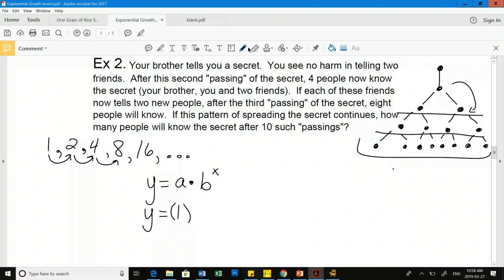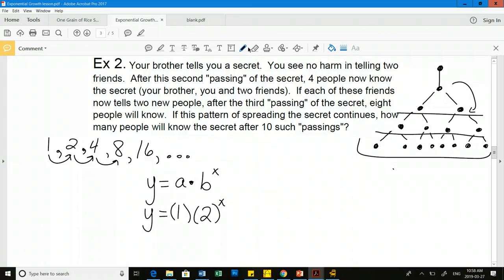It's your brother, right? And presumably maybe the person that the secret's about. But your brother knows the secret. And then what is happening with the total amount of people that know after the passings here? What's going on to get us from 1 to 2, 2 to 4, 4 to 8? What's my growth factor? It's doubling. Okay. So the total amount of people that know is doubling.